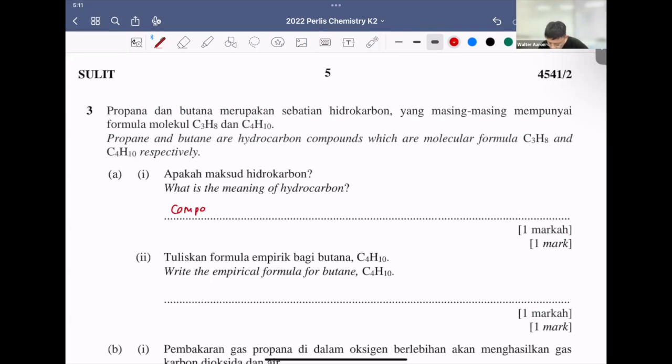Compounds which contain only the element carbon and hydrogen. As long as you have the words carbon and hydrogen and only, you should get 1 mark already, no matter how you phrase it. It indicates that inside my compound there are only these 2 elements. Then you get 1 mark.